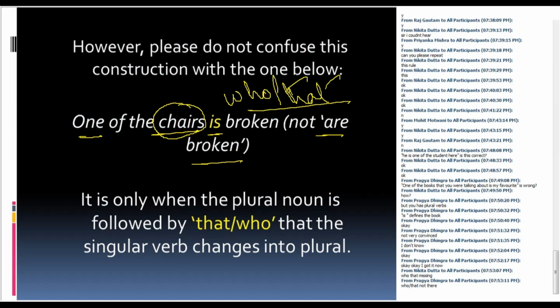So when you say one of the chairs, it becomes one. It becomes singular, and that is why we use a singular verb. So it is only when the plural noun is followed by that or who that the singular verb changes into plural. Otherwise it does not.